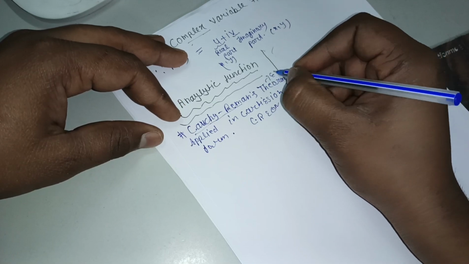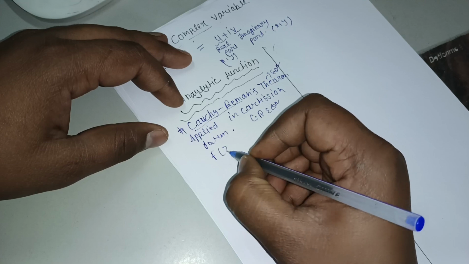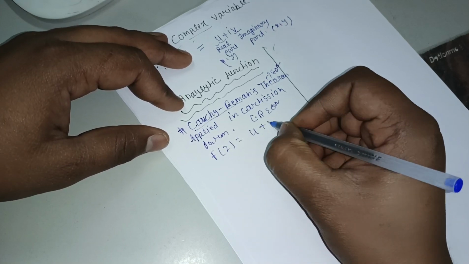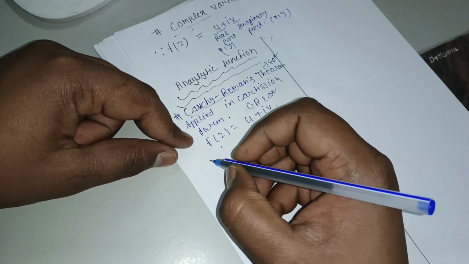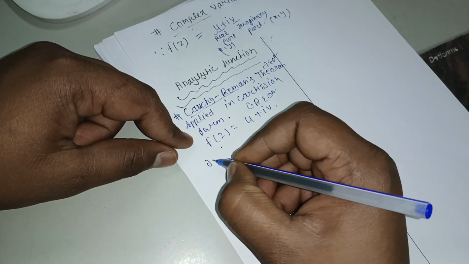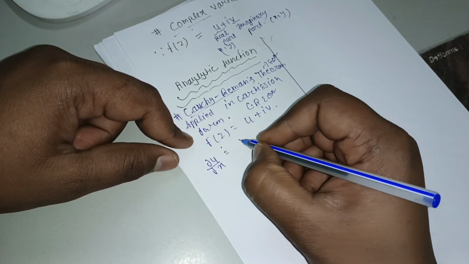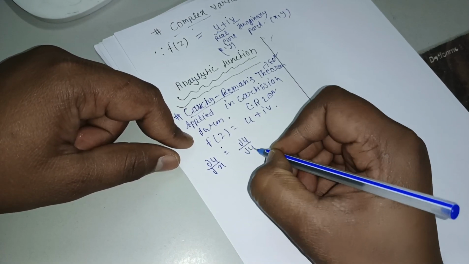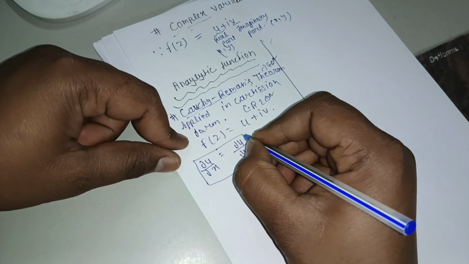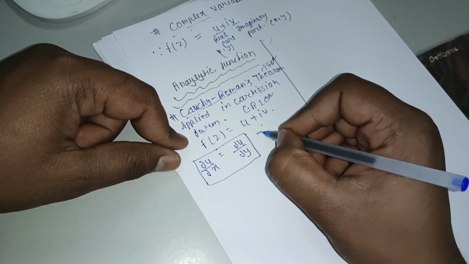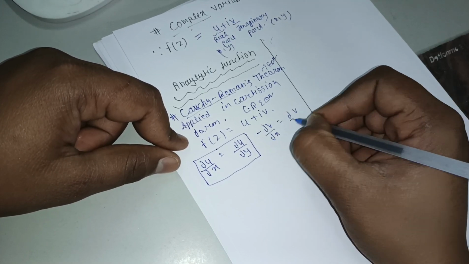Here we can use the CR equation. Okay, so what does it mean? So f(z) is equal to u plus iota v. If we partially differentiate, this is the symbol of partial differentiation: del u by del x is equal to del v by del y, and minus del u by del y is equal to del v by del x.